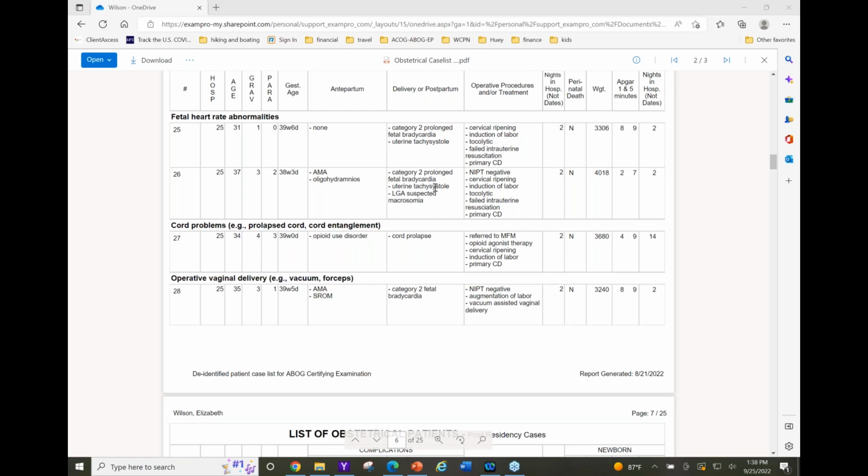Macrosomia is a weight-specific cutoff that is used to define a fetal concern for being large. So, for example, cutoffs can be sometimes 4,000 grams, 4,500 grams, or 5,000 grams.